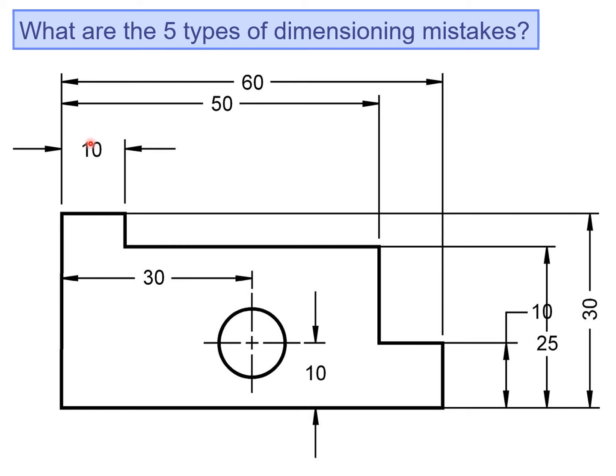So the spacing between the 10 and the 50 should be 1 text height. The 50 units and the 60 units here are too tight together. You need to move the 60 outward or move the 50 downward to have a spacing of 1 text height, which is again about 0.16 or 0.18 inches. Okay, so that's our first mistake that we see.